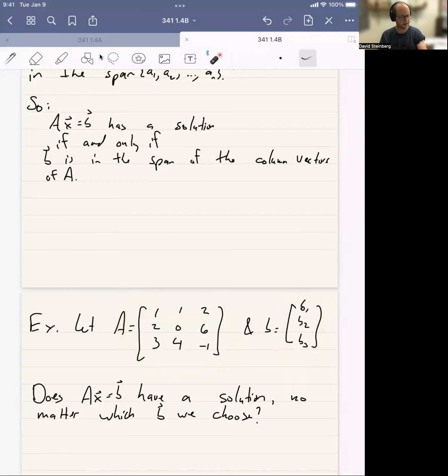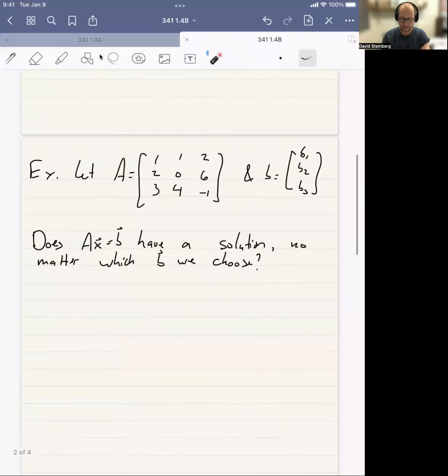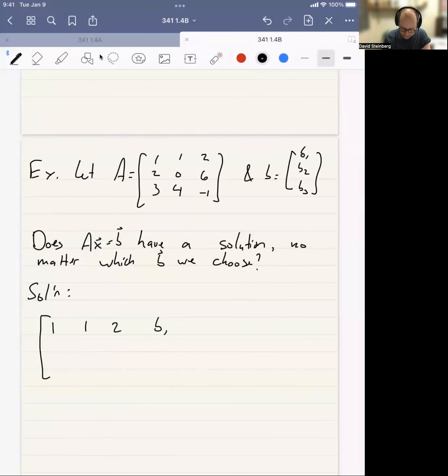All right, so let's get the augmented matrix up here and start row reducing. Our augmented matrix looks like: 1, 1, 2, b1; 2, 0, 2, b2; 3, 4, negative 1, b3. Give ourselves some space.